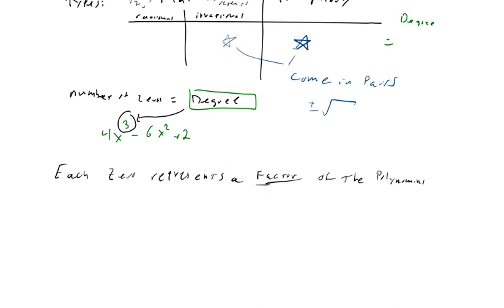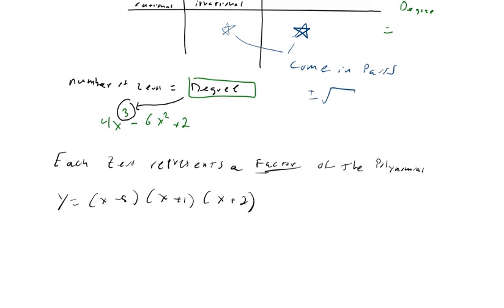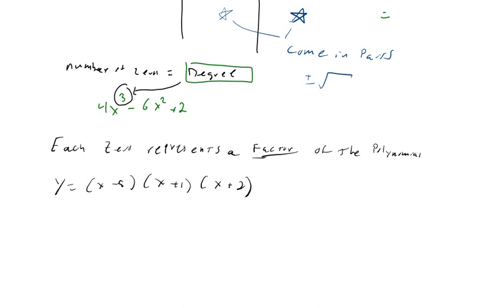So let's say your equation was y equals (x minus 5)(x plus 1)(x plus 2). Each zero represents a factor.